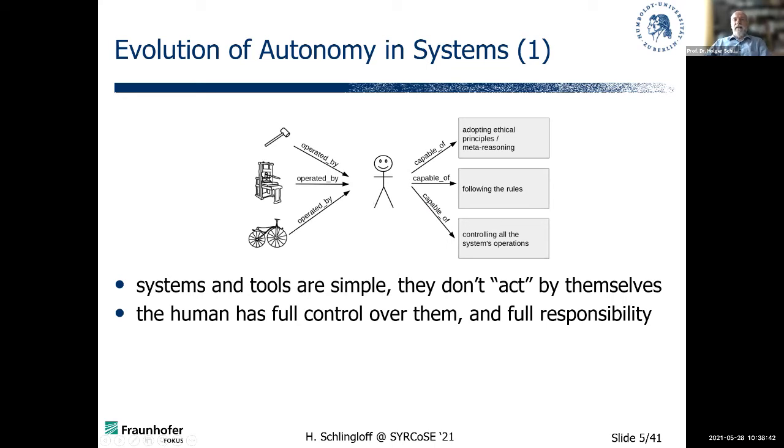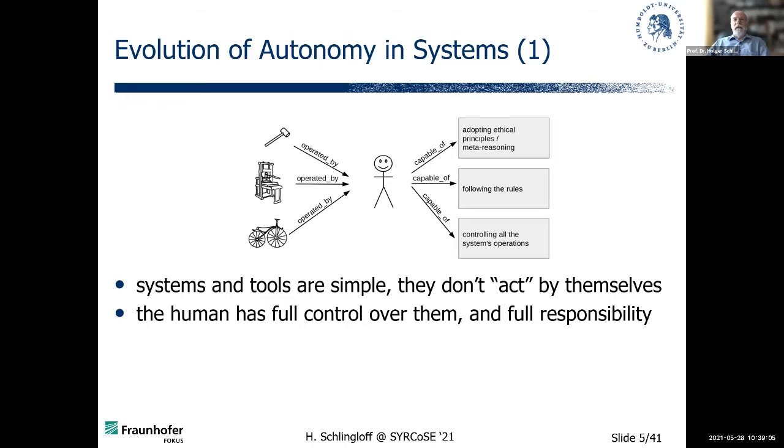The systems do not act by themselves. So the human is capable to control all of the system's operations. It has to make sure that she follows the rules and also adopts ethical principles or meta reasoning. So the human has full control and also full responsibility.